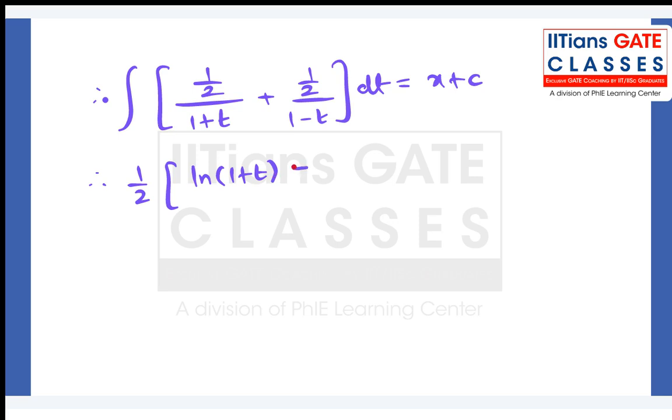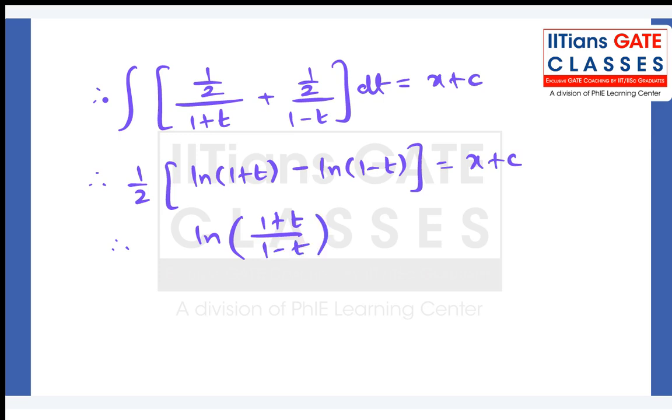So this will be x plus c. Okay, and then by the property of log, this will become 1 plus t divided by 1 minus t. I'll take 2 to the other side, and this c will become 2c, so let's call it c dash.